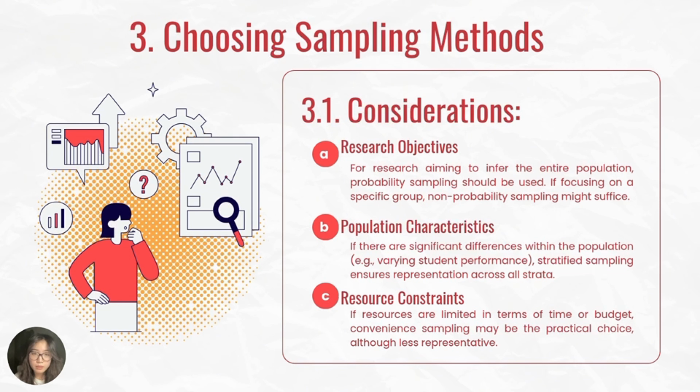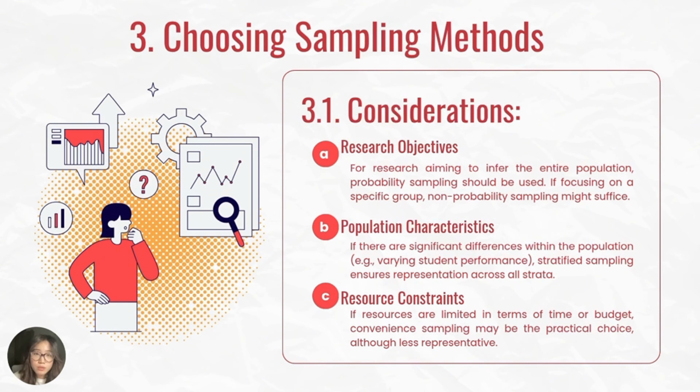In stratified sampling, the population is divided into distinct subgroups or strata based on certain characteristics. A random sample is then drawn from each stratum to ensure that each subgroup is adequately represented. This is particularly important when the research aims to study specific differences between subgroups within the population.